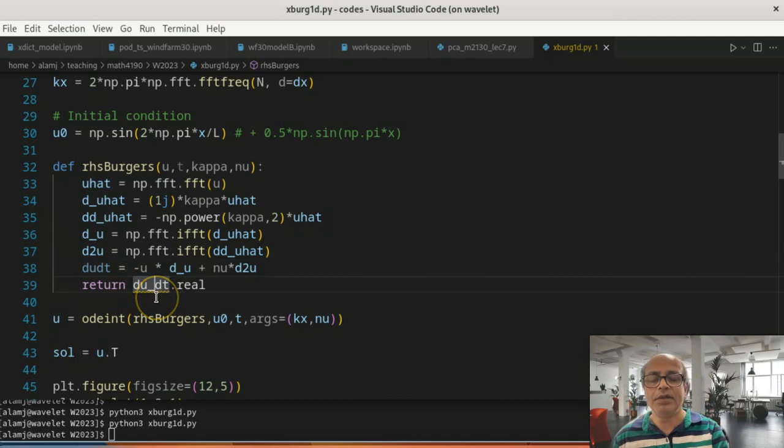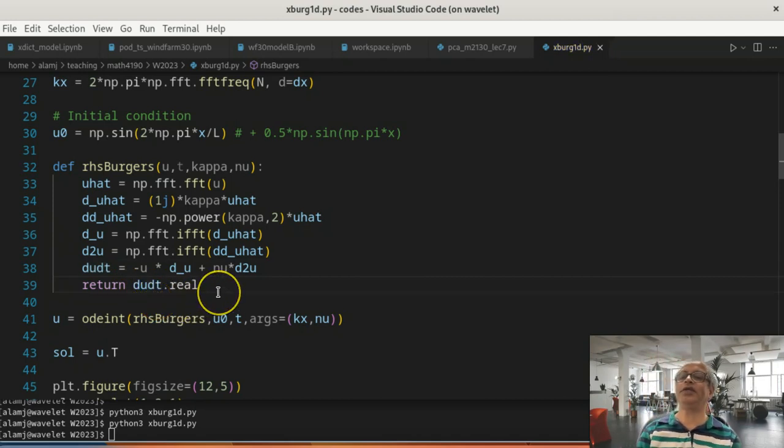Keep in mind this is the right-hand side of Burgers' equation, which is negative u times du dx plus nu times d squared u dx squared. This will be a complex number in the Fourier method, so I take the real part. Okay, that's all.